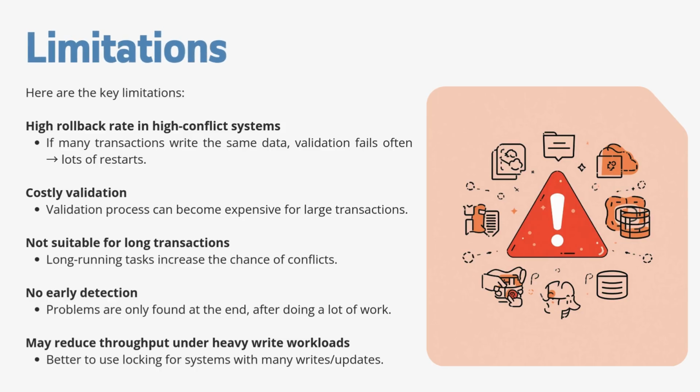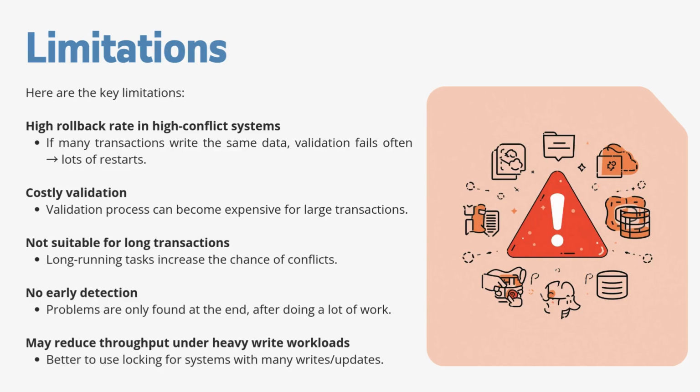Although OCC is powerful, it has limitations. First, high rollback rate in high conflict systems. Second, validation can be expensive, for example for large transactions. Third, it is not suitable for long-running operations because they can increase the chance of conflict.